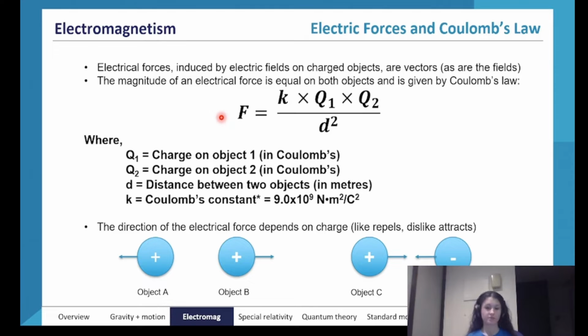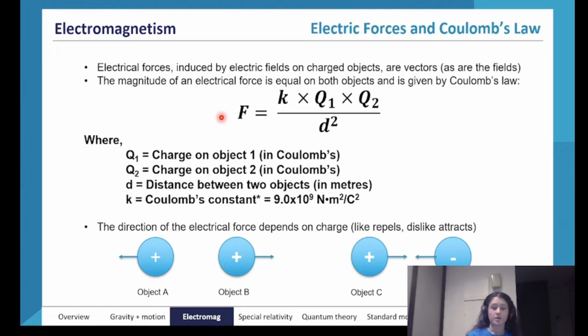It tells us that the force between the two charges is going to be equal to Coulomb's constant, and that number is in your formula sheet as well, multiplied by the two charges themselves in coulombs and divided by the distance between them squared. So what this tells us is that a greater force is going to be exerted if the charge on the two particles is greater, and a greater force is going to be exerted if the particles themselves are closer to one another.